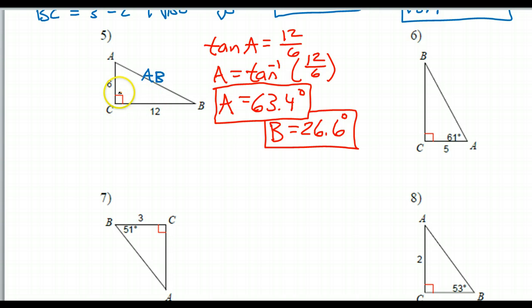Let's use the Pythagorean theorem since we're given two sides. So that's going to look like this. AB squared is equal to 6 squared plus 12 squared.